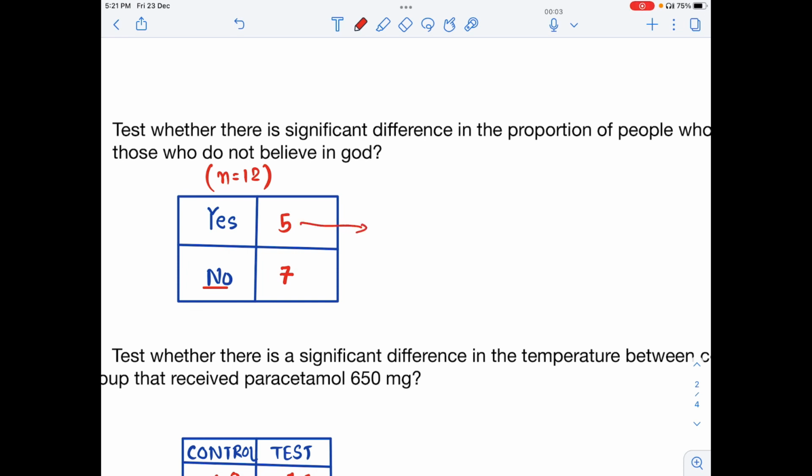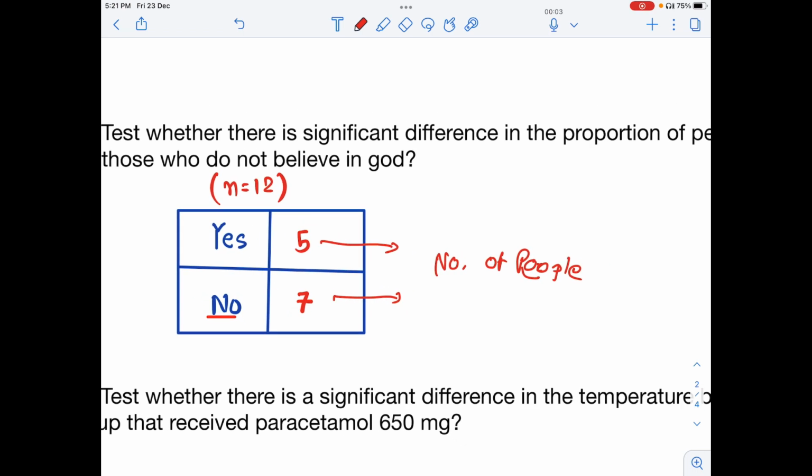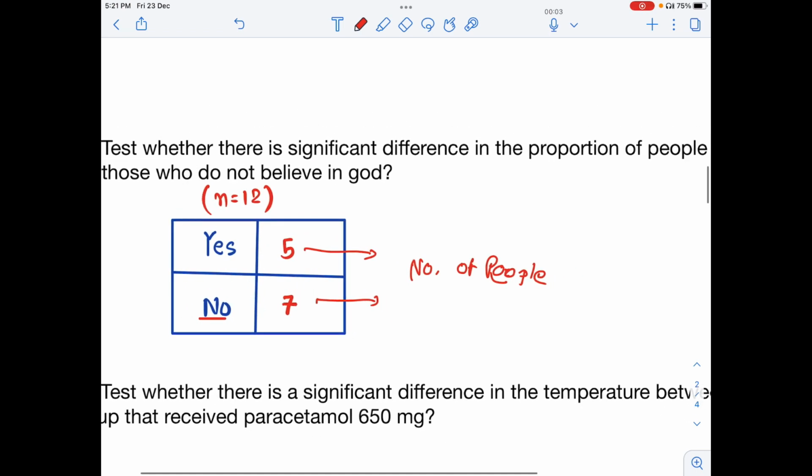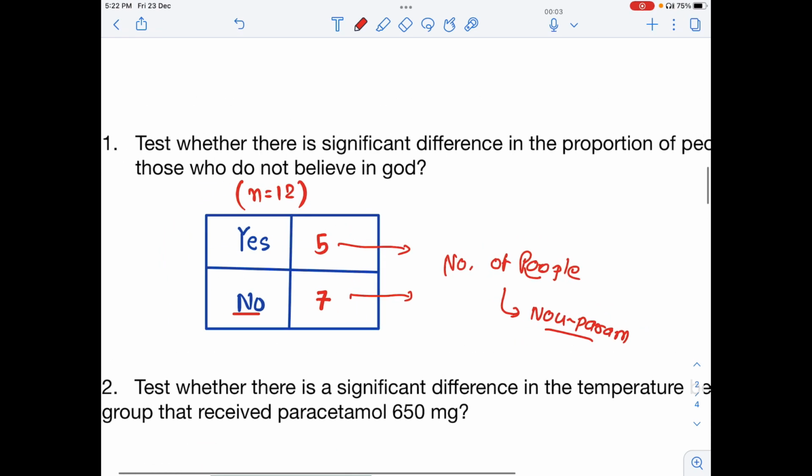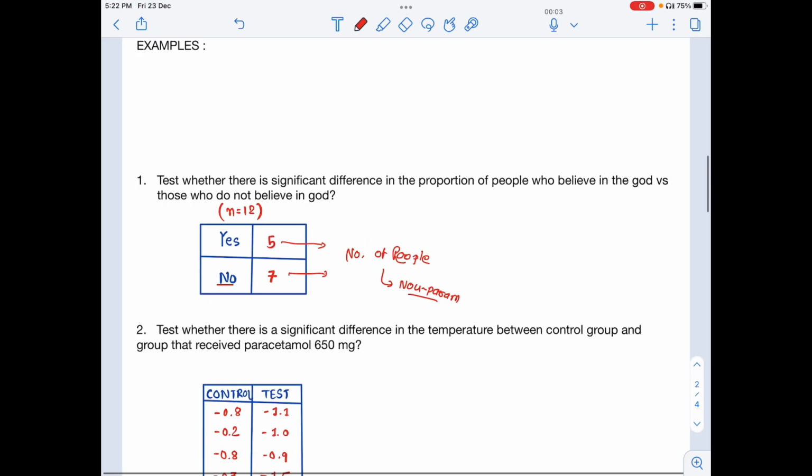As you can see, these two are the number of people, and if you ask the question of how many people or how much people, you can make sense of how many people, but how much people doesn't make any sense. So this is a non-parametric test applicable problem. You will have to apply one of the non-parametric tests that we will explore after this.